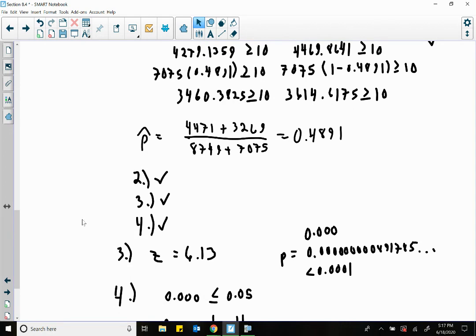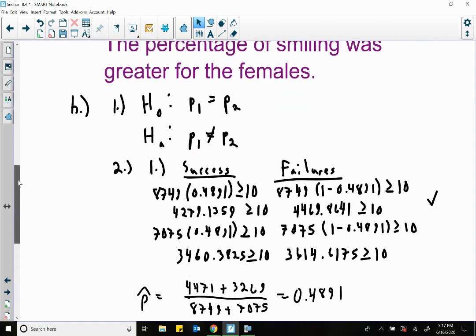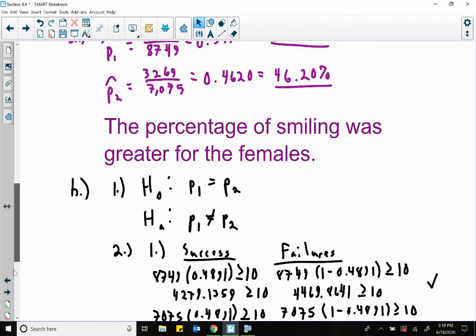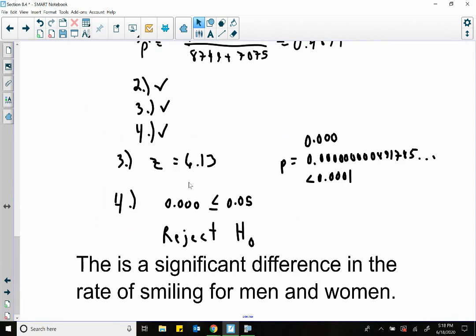And since there was very little difference when we subtracted these two, because this is P1 hat and P2 hat, our denominator was even smaller. And when you divide a number by a really, really tiny number, because our sample size was huge, that drove your z-score way up. So you can see that our z-score was huge.